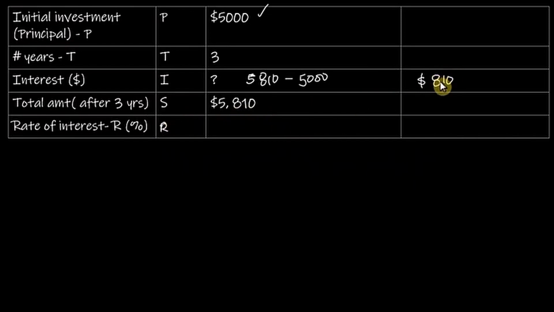The second part of the question is asking you to identify what this value is as a rate of interest. This is the amount in dollar value. What is the rate of interest? And since it is invested at simple interest, we can use the formula where I, which is our interest, is equal to PTR over 100. So if we want to find the rate of interest, we transpose for R. So R will be equal to 100 times I over PT.